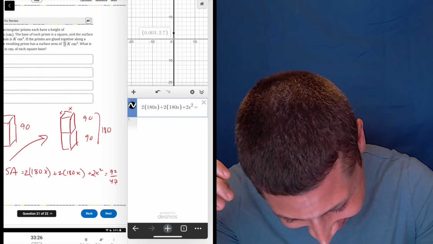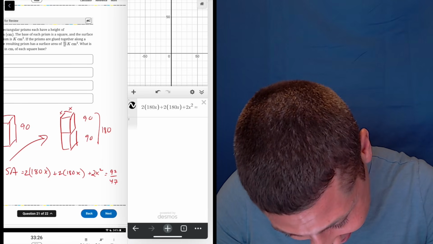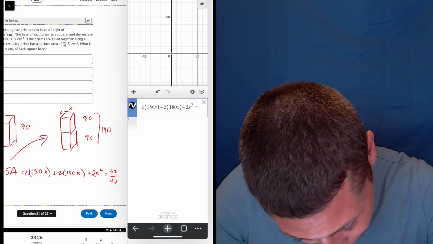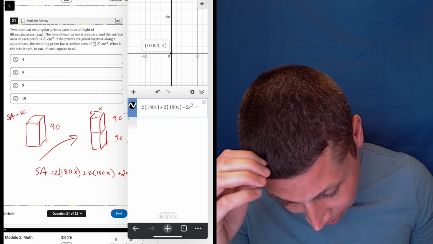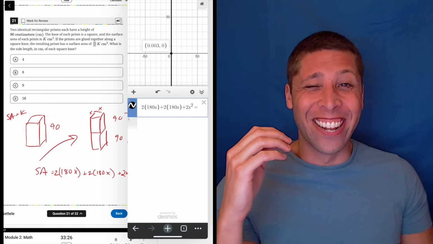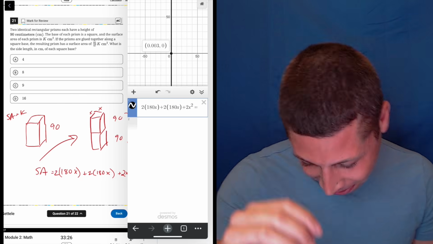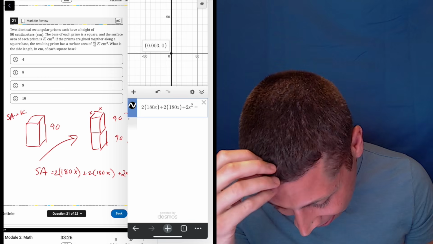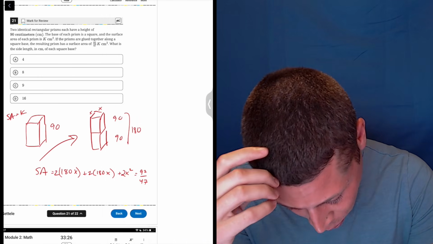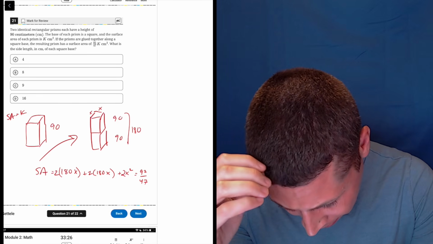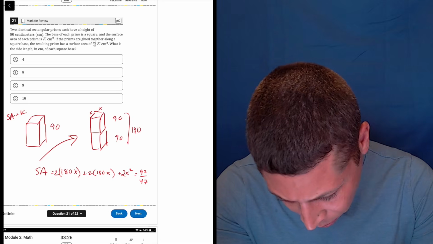Damn it. That's the last thing I wanted. It looks like it's 0.003. Oh, no. That's not what it's supposed to be. That can't be right. So is it 16? Can I just guess and check? 2x squared, right? 90 centimeters. So we put them together along a square base.